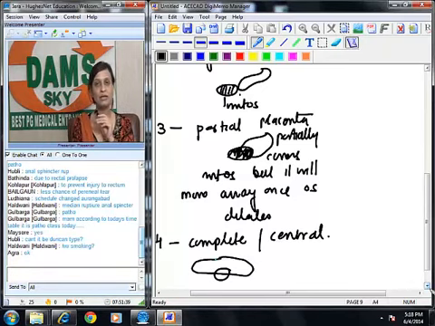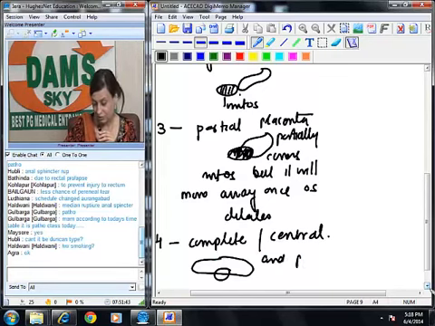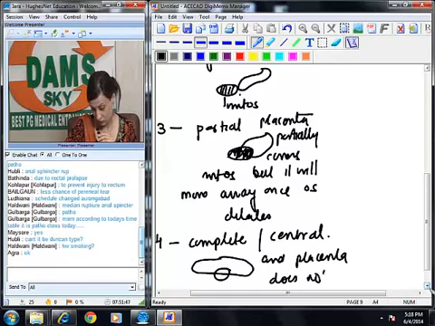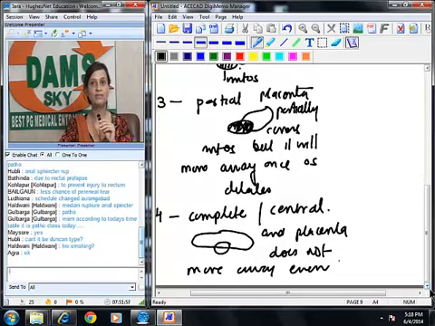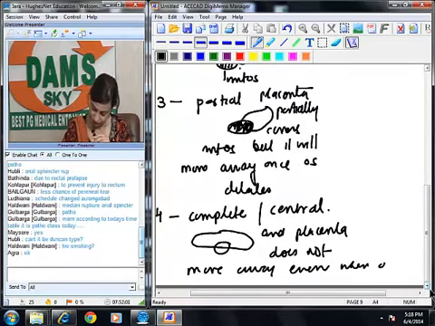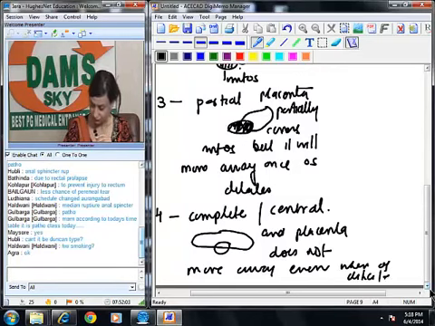So it completely covers, and the placenta will not move away even when the os dilates. So type 1, type 2, type 3 and type 4.